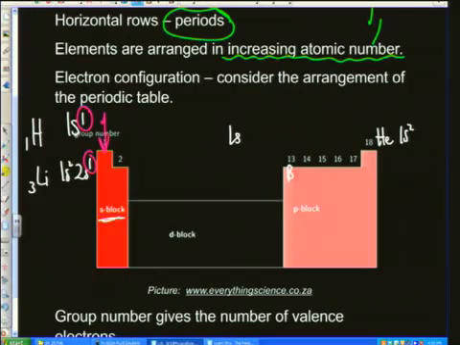It's going to have 1s2, 2s2, 2p, well, it's got 4 already. 2 plus 2 is 4, plus another 1 will give me boron with its 5 electrons. Notice that now suddenly we're in the first p orbital. So now we start what we're calling the p block.